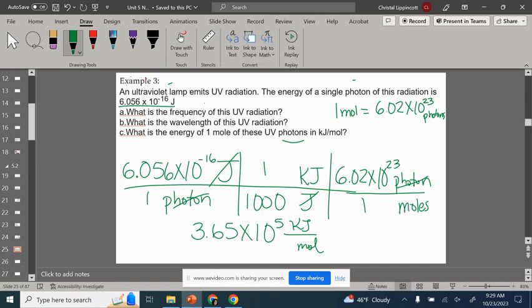So type in your 6.056. You're going to hit the second key, and that key right there says E. Now type in negative 16. You're going to multiply that times 6.02, second, E 23.